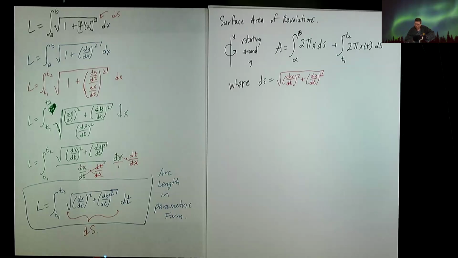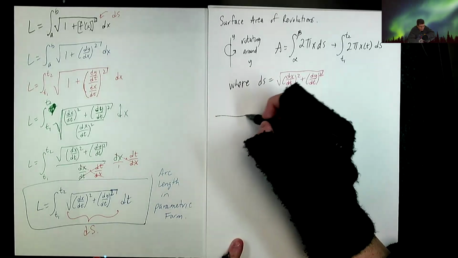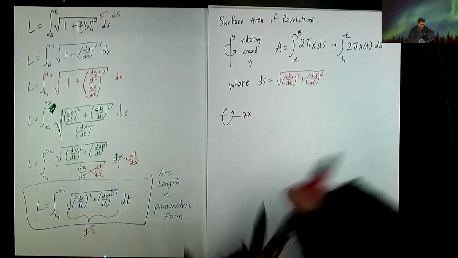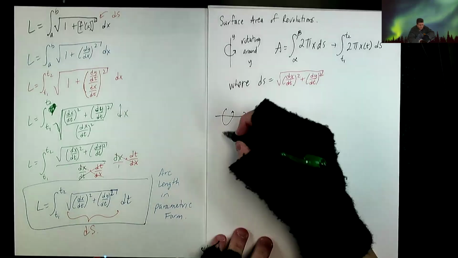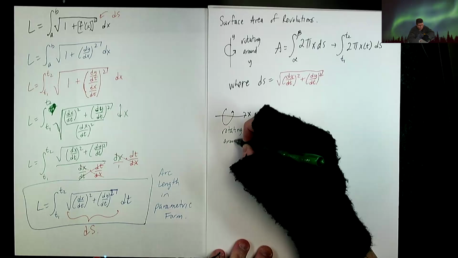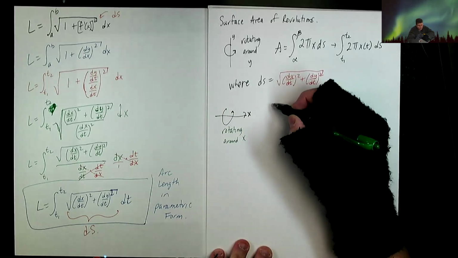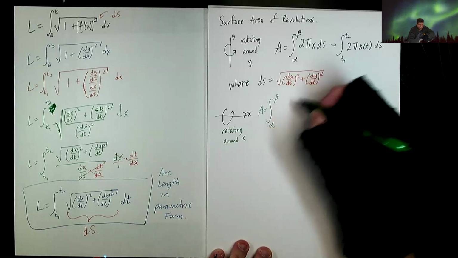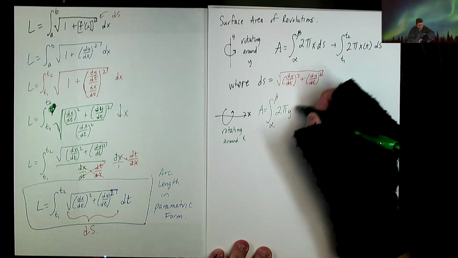When you're rotating around x, again, the area from alpha to beta was 2 pi y ds.